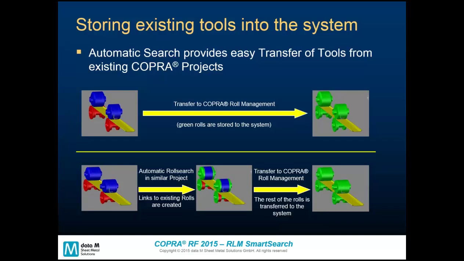And then once the design is complete, we can then transfer the newly created roles also to the system as well. So it understands the link to the existing system, and then furthermore we add the new roles that we would have to design into the system in the same way.